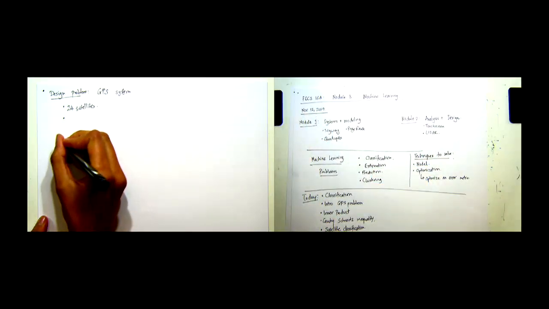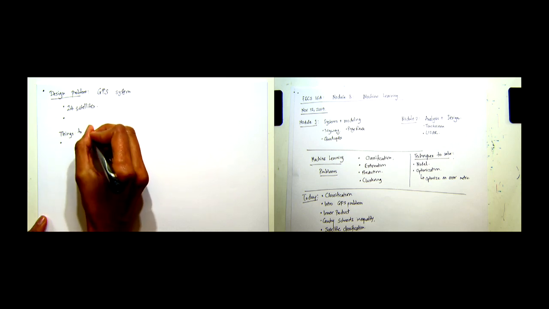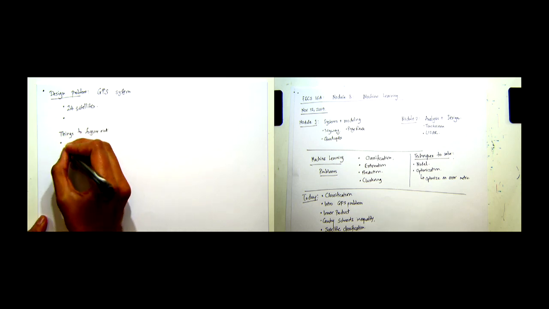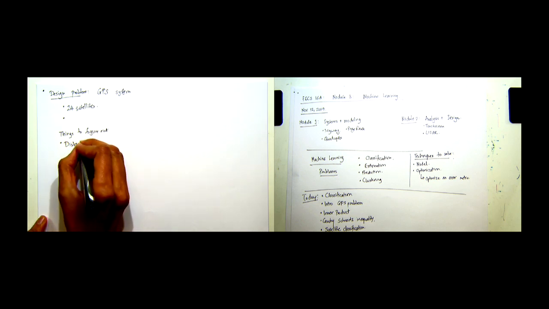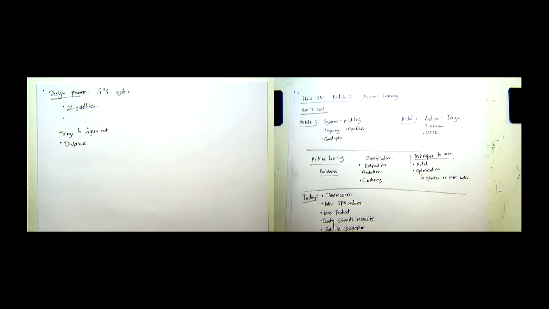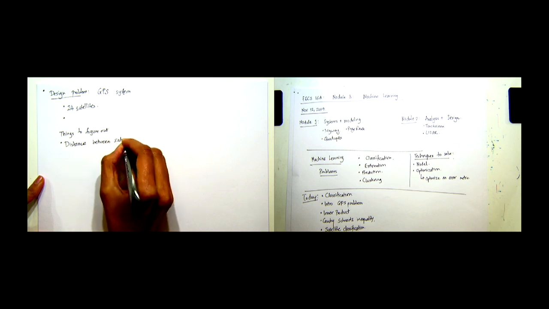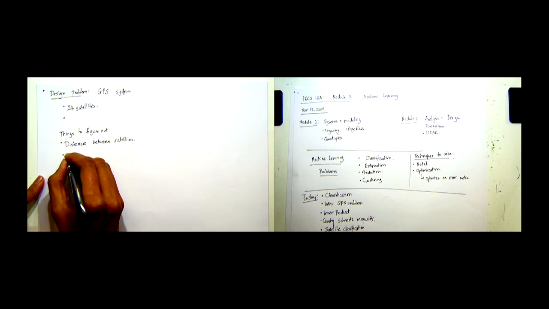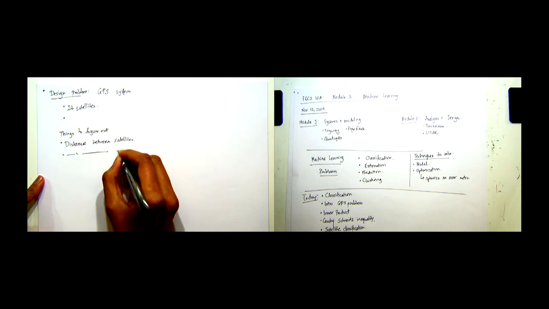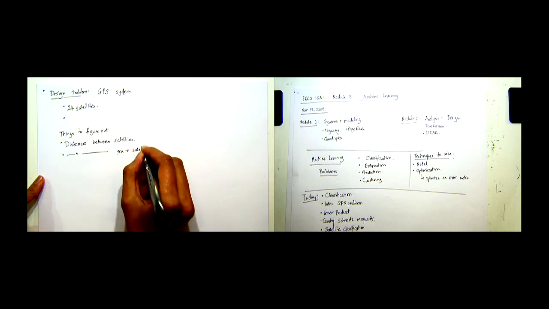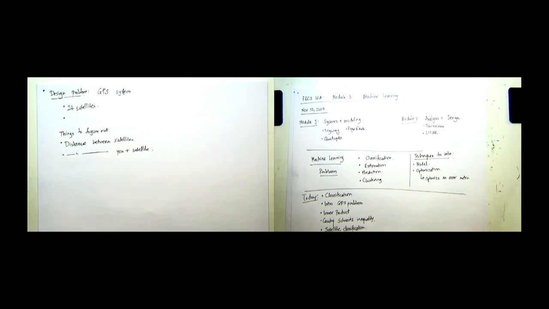What was suggested was, let's say, things to figure out: what is the distance between you and the satellite, right? You got to be able to figure this out. What else do we need to be able to figure out?